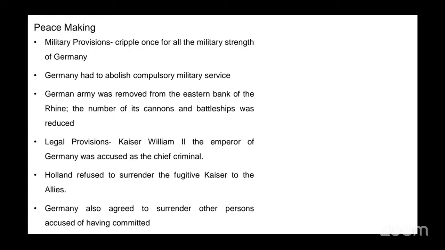Holland refused to surrender the fugitive Kaiser to the Allies, but Germany also agreed to surrender other persons accused of having committed war crimes. So this is how the legal provision, not only the economic, political and territorial sanctions, but also handing over the important persons responsible for the war.